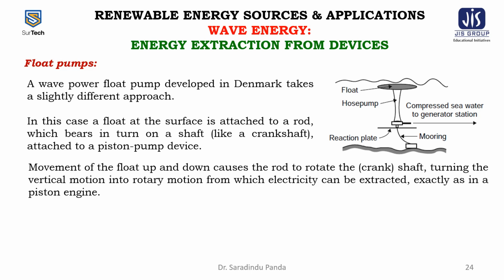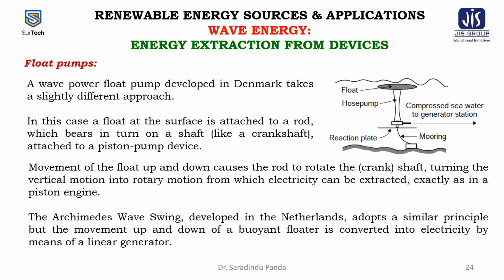Movement of the float up and down causes the rod to rotate the crank shaft, turning the vertical motion into the rotary motion from which the electricity can be extracted, exactly as in a piston engine. The Archimedes wave swing developed in the Netherlands adopts a similar principle, but the movement up and down of the buoyant floater is converted into the electricity by means of a linear generator.